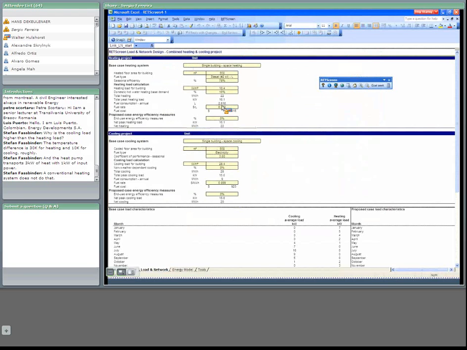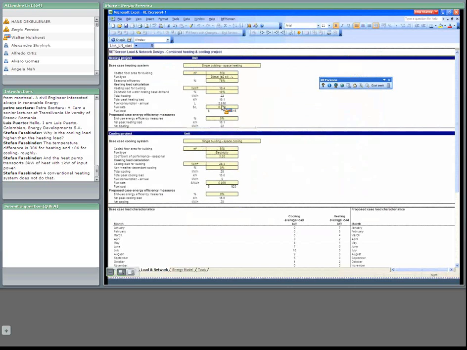For the heating base case system, we have here the area, 550 square meters, and we have a diesel boiler. We defined a seasonal efficiency of 78% and the heating load of 18.4.